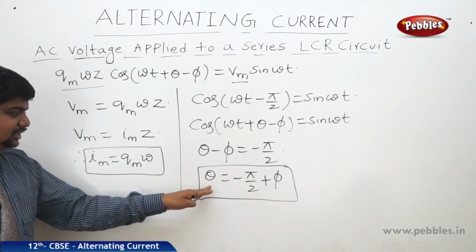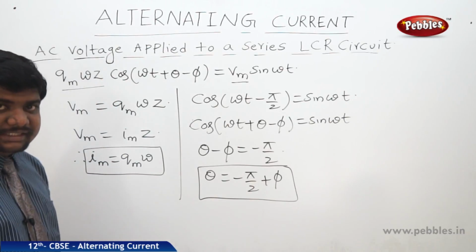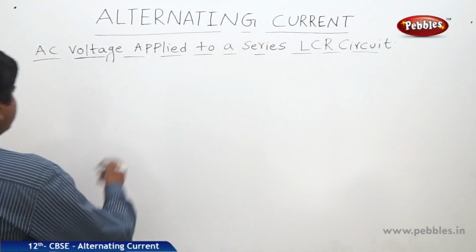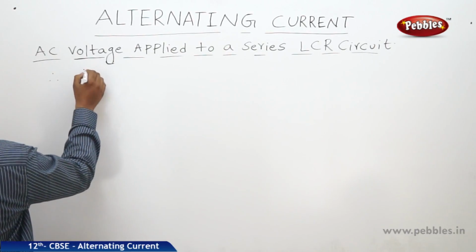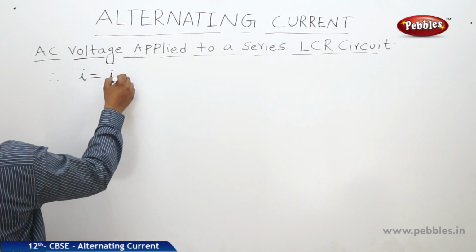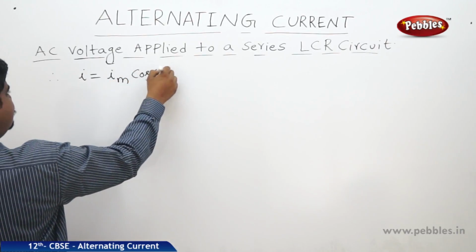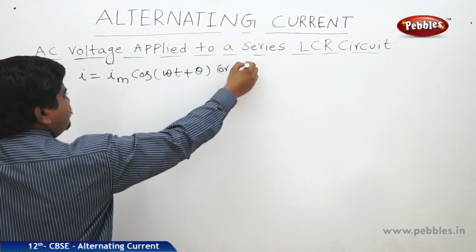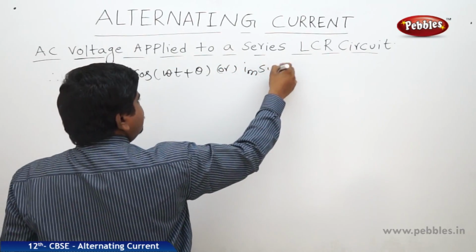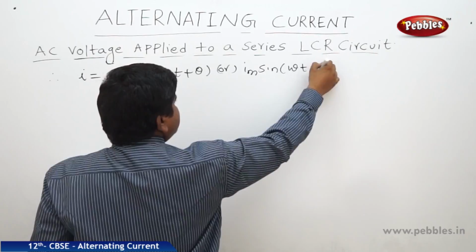Now we are going to substitute these two in the current equations. So we got the equations like this: I is equal to Im cos(omega t plus theta), or Im sin(omega t plus theta).